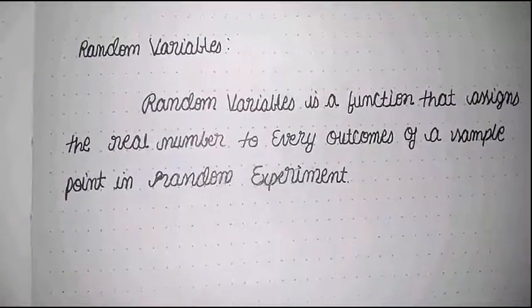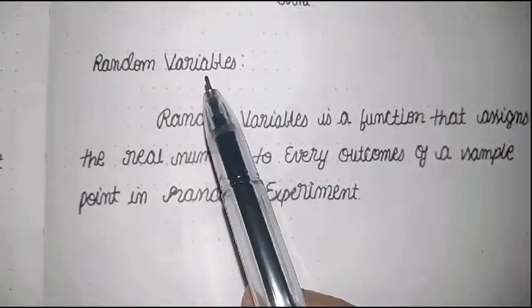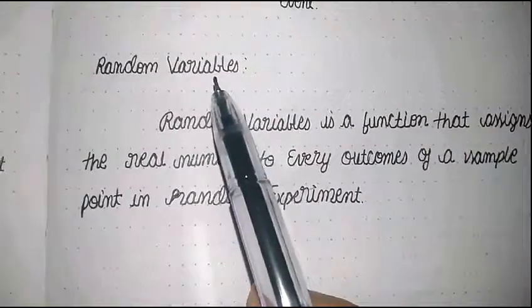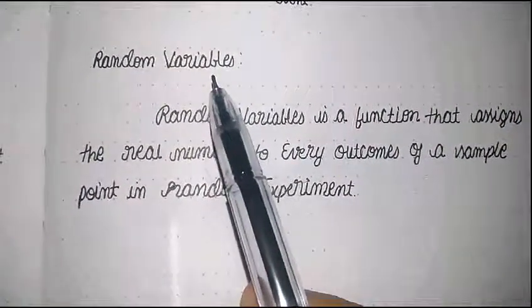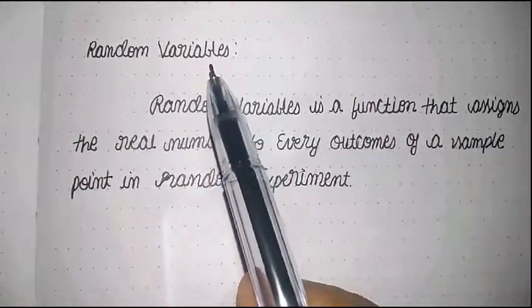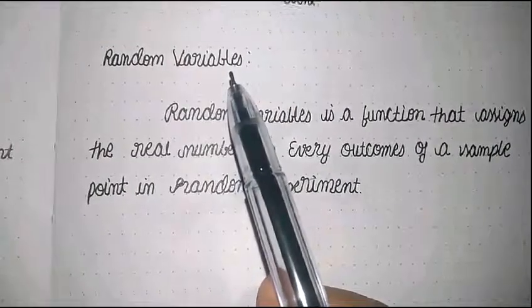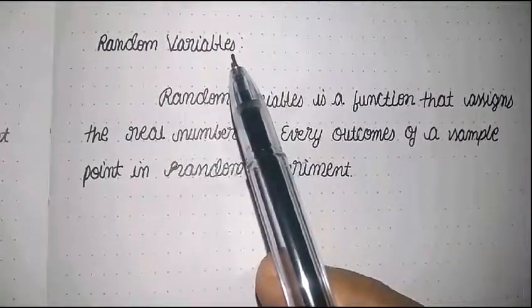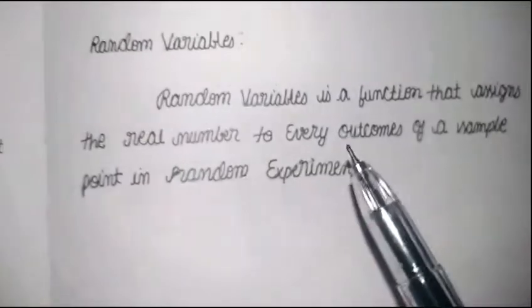Next, we are going to learn an important term known as random variables. Friends, what do you mean by a variable? A variable is an alphabetical character that represents an unknown number. Again, I am going to repeat, listen carefully for the last time. A variable is an alphabetical character that represents an unknown number.